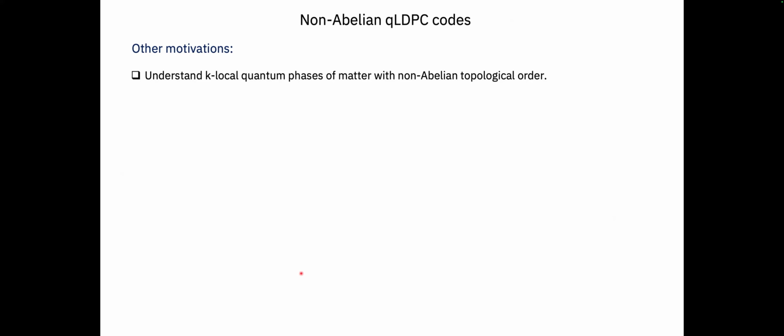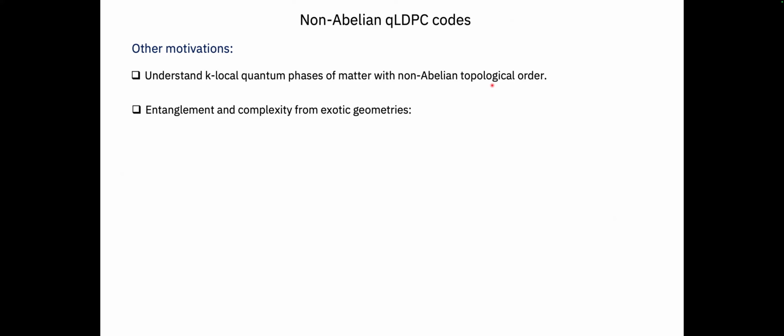One thing is that you can use this to try to understand the general notion of a k-local quantum phase of matter, especially those with non-abelian topological order. These are not very widely studied yet because there are lots of technical difficulties, as you will see. And you can also try to get a better understanding of entanglement and complexity from more exotic geometries.